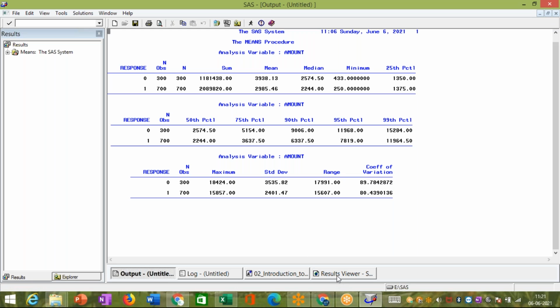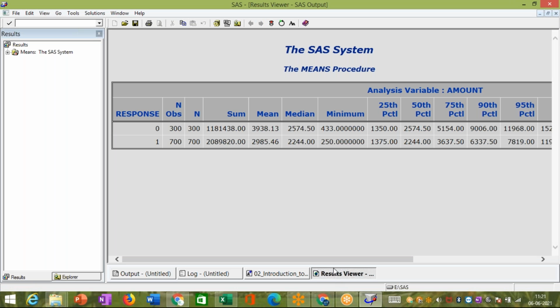Okay, so this is how my distribution looks like. So basically over here, what we have done is we have reported or identified a very basic distribution of the amount variable, right? And what we need to understand is what it is that we get to see from this distribution.